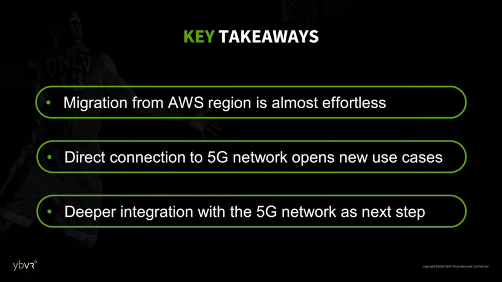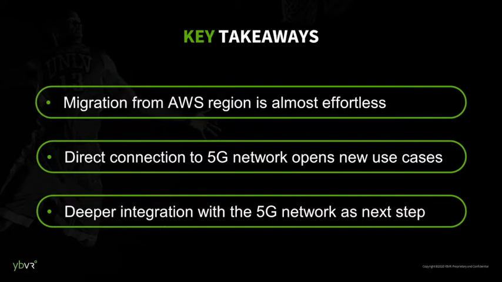And finally, we're looking forward to a deeper integration of our solution and potentially also of Wavelength with the 5G network. Now that we have it running on the edge, there are a lot of cool things that we can imagine doing with the network, which starts by making the network more aware of what we're doing, making the 5G network understand that our uplink camera traffic is a very sensitive type of traffic, and we probably want to reserve some bandwidth, do some 5G slicing.